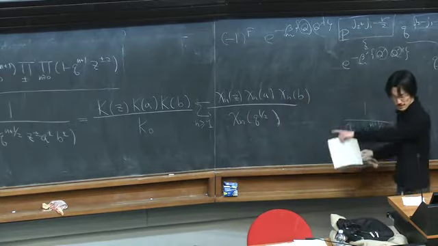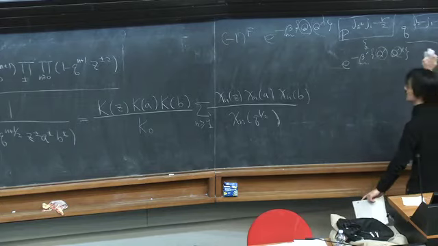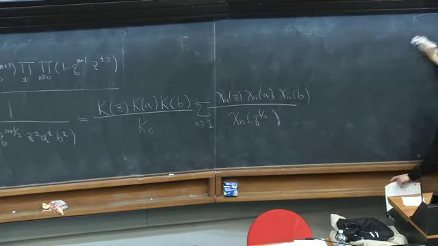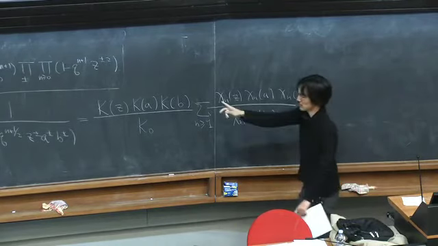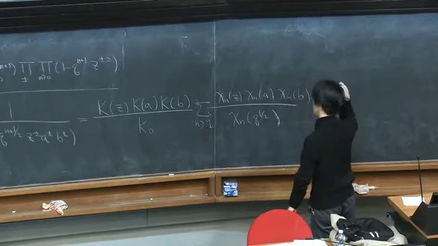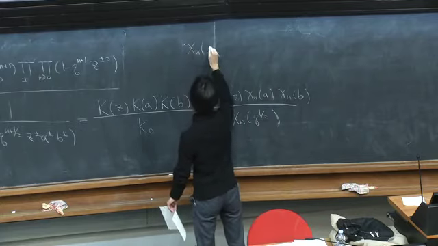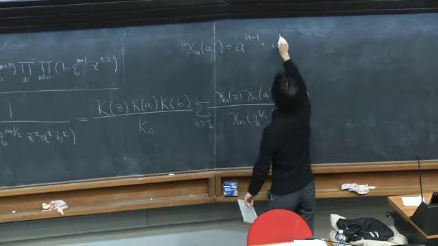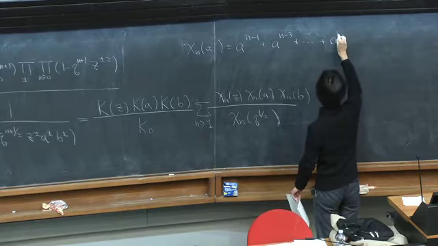You might be familiar with this expression. Haven't you seen something like this a few days ago? I'm not going to give you the proof of this equation, but you can prove it by just checking where the poles are on both sides of the equation very carefully. And I should say that chi n a is just a to the n minus 1 plus a to the n minus 3 plus and so on, down to a to the 1 minus n.